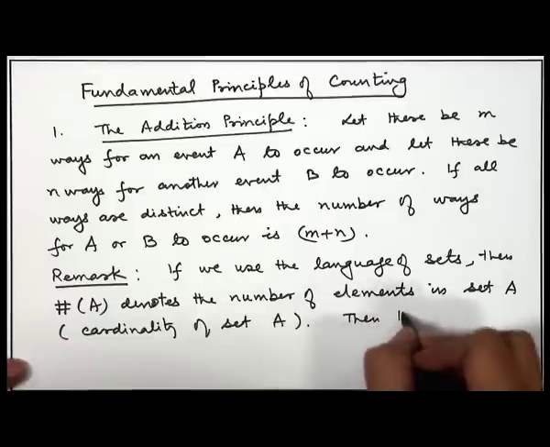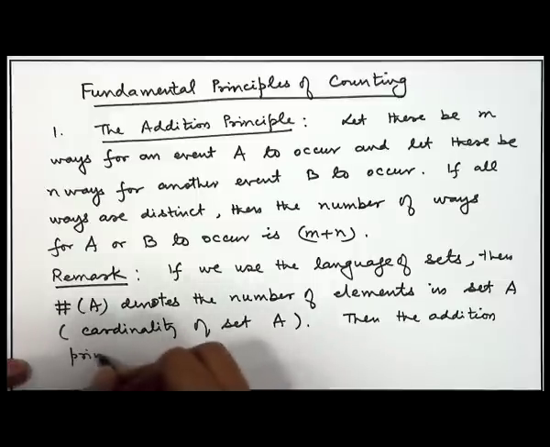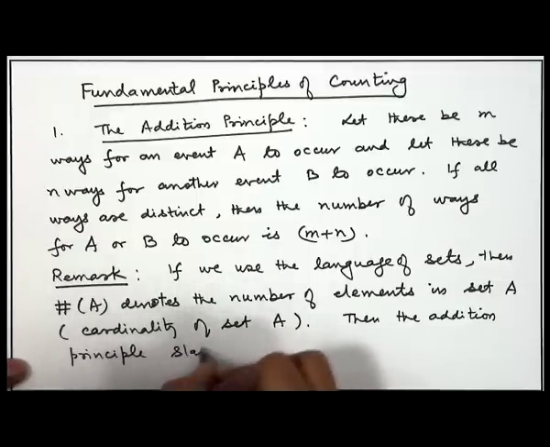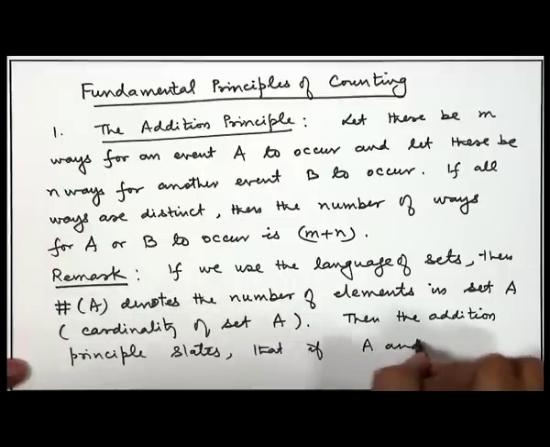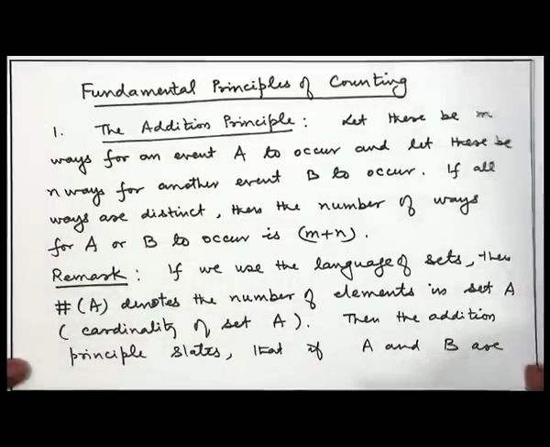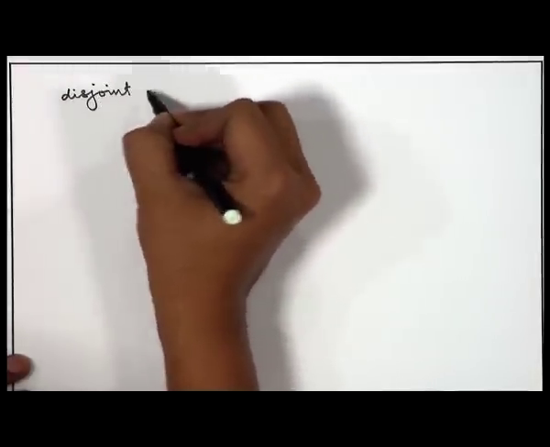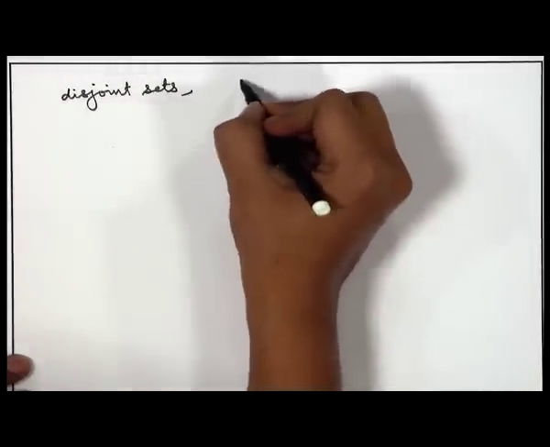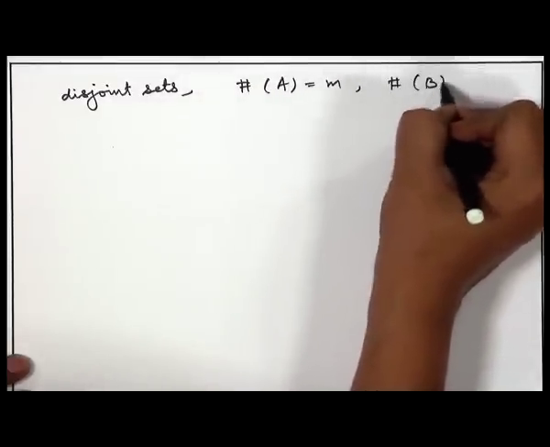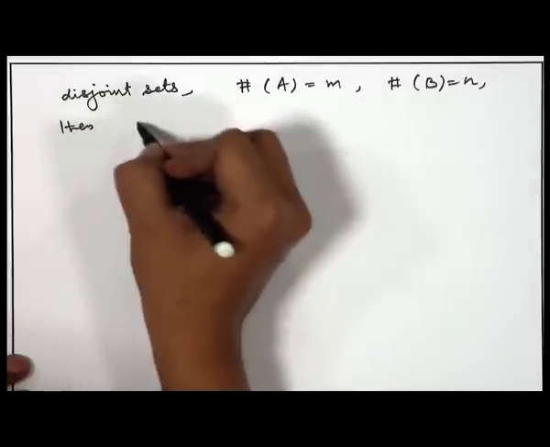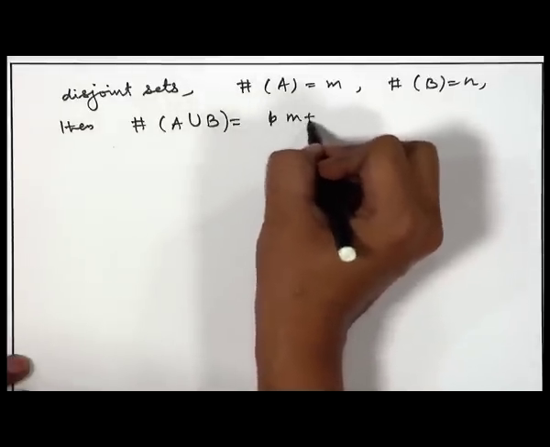Then the addition principle states that if A and B are disjoint, the cardinality of A is m and the cardinality of B is n, then cardinality of A union B is equal to m plus n.